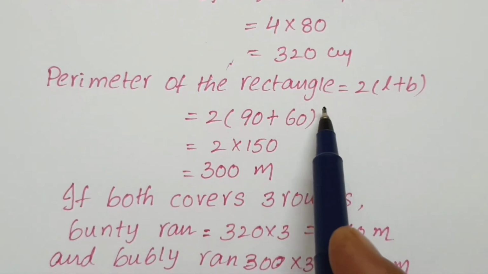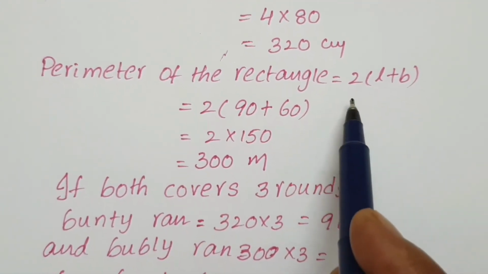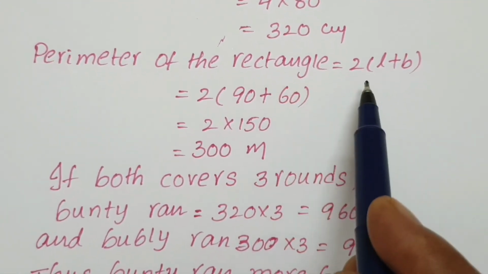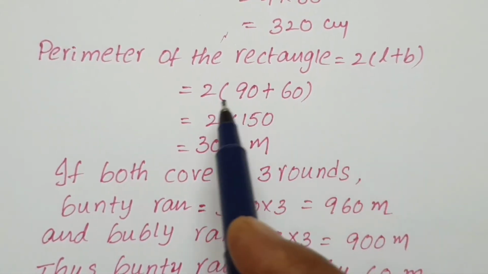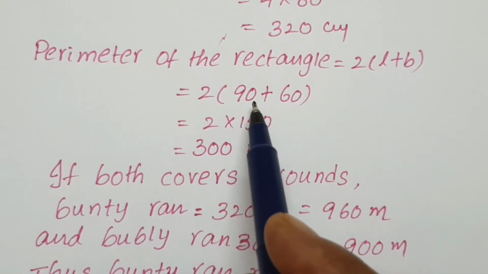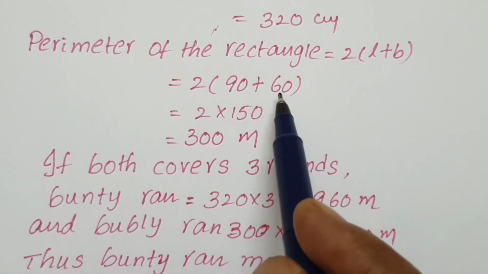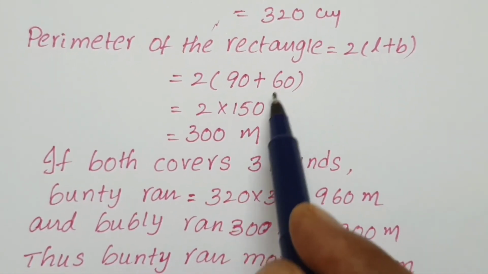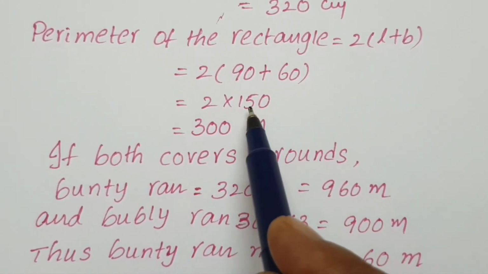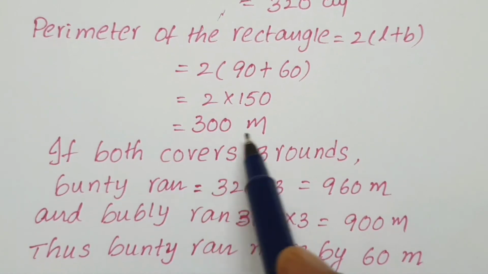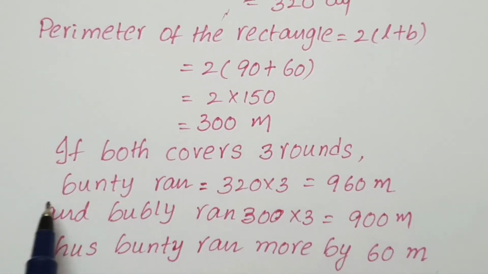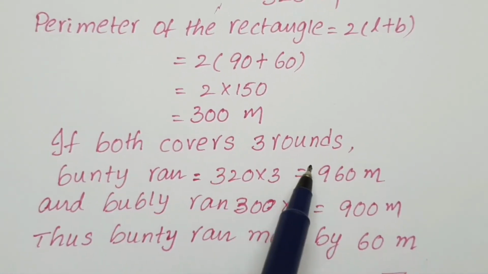Perimeter of square: we know square perimeter is 4 into side. 4 into 80, 80 into 4, 320 meters. This is Bunty. Next Bubbly. Perimeter of rectangular park: we know perimeter of rectangle is 2 into L plus B. 2 into length 90 plus breadth 60. 90 plus 60 we get 150. 150 into 2, 300 meters. Both cover 3 rounds.